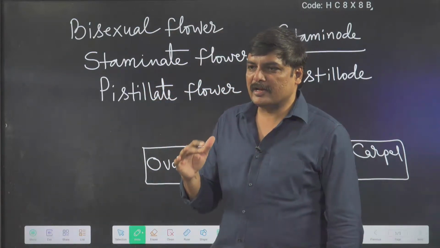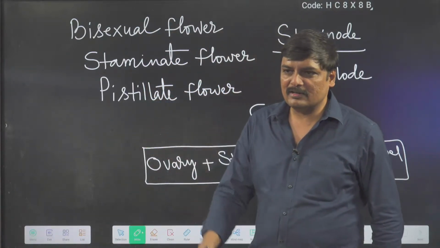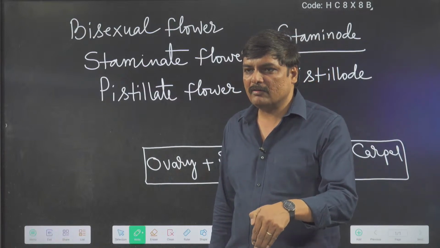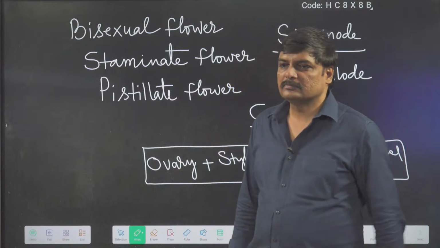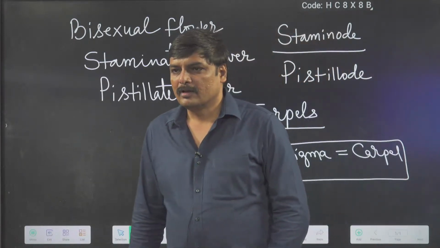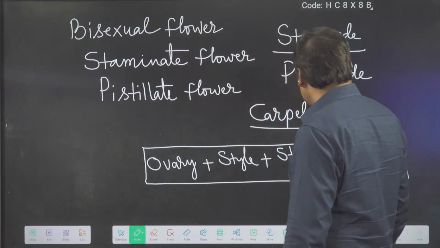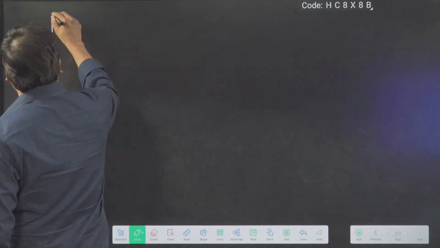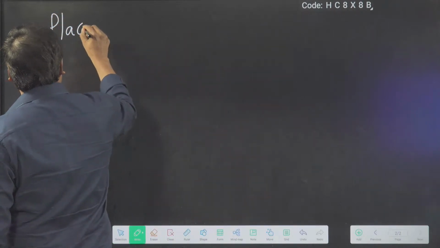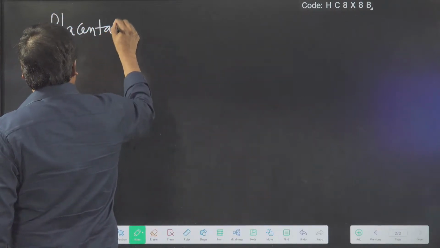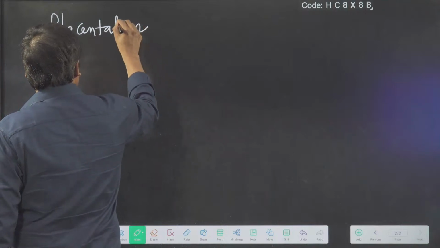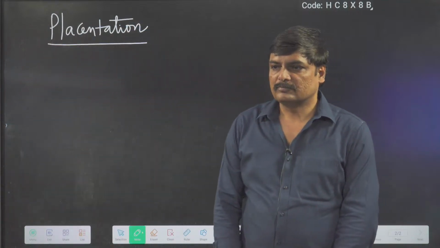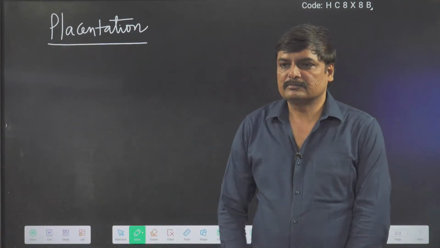So pollen grains fall on the stigma, germinate and form the pollen tube. Good. Next, what is meant by placentation? Very important word.